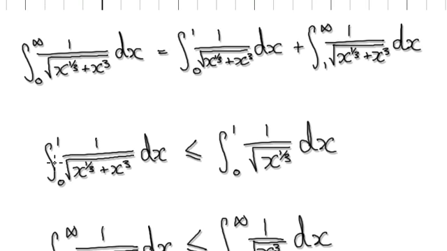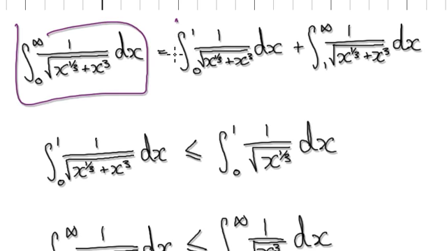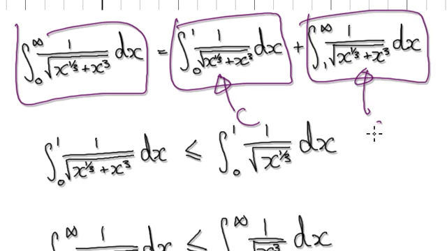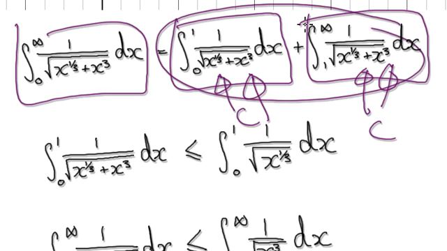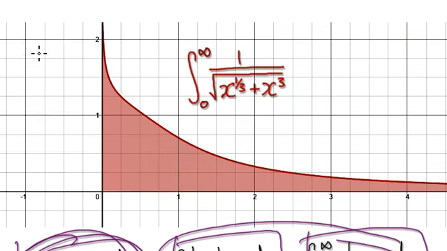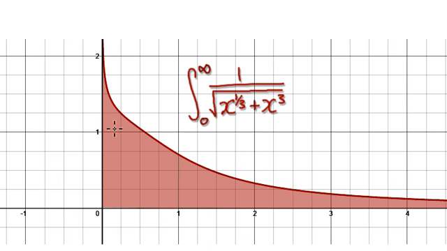Looking at this, we've already seen that it will converge. Now this thing here, we've just seen that it will converge. So combining the two, the whole thing will converge. Going back to here, this thing will actually converge. You can actually work out this area here.